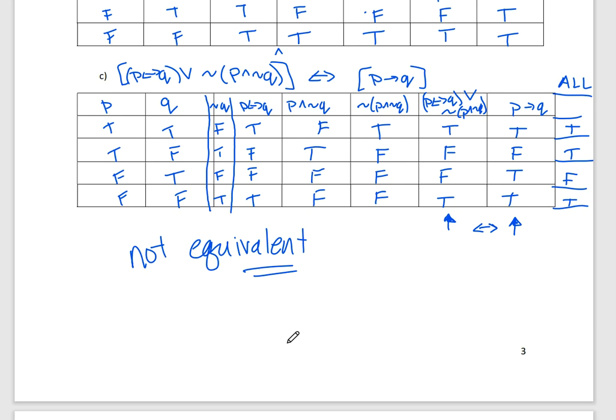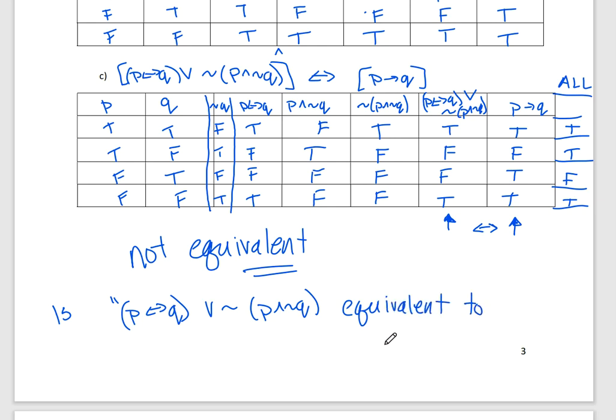We could also have this phrased, so if this question C was phrased in like a word problem, right, I could say, is P biconditional with Q or not P and not Q equivalent to P implies Q?